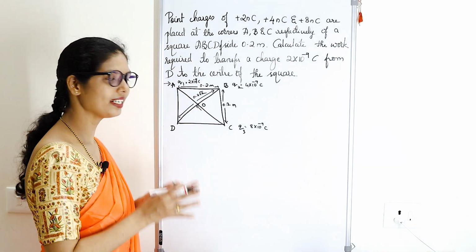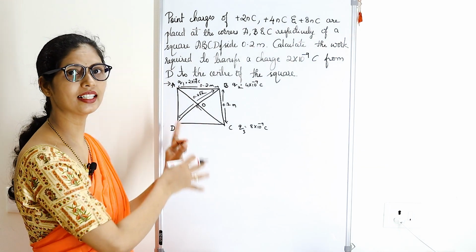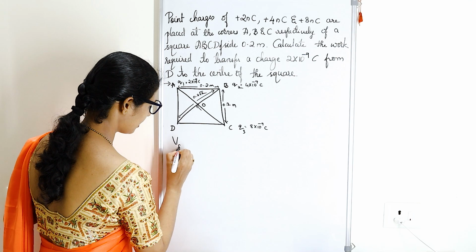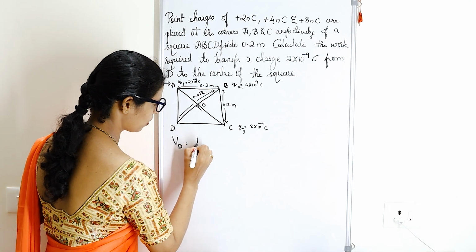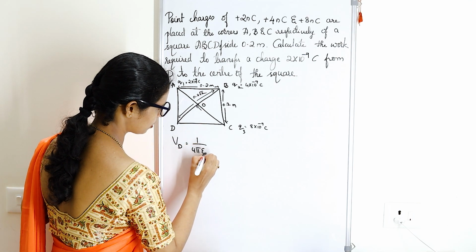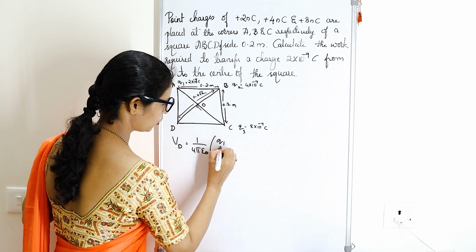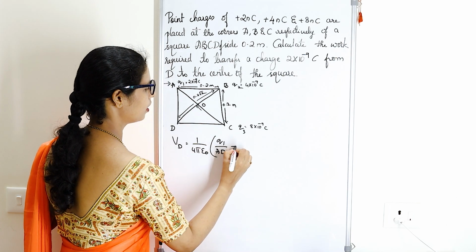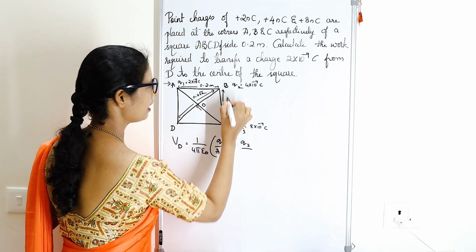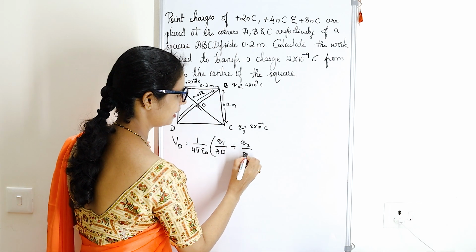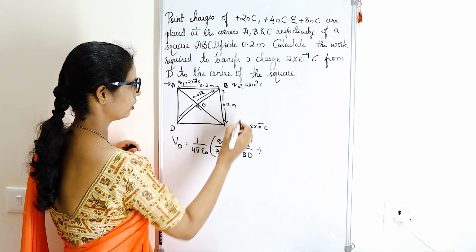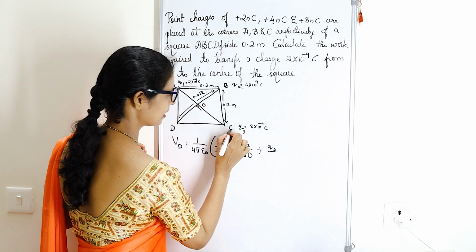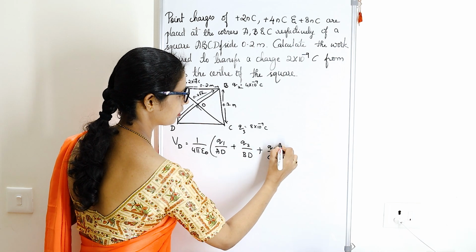Now the total electric potential at the point D. We'll write it as VD equals 1 upon 4 pi epsilon naught, Q1 divided by AD plus Q2 divided by BD plus Q3 divided by CD.